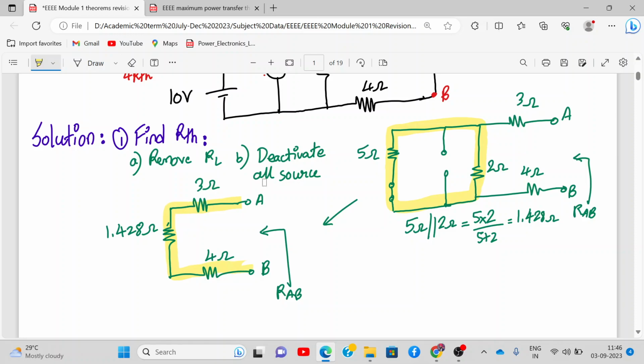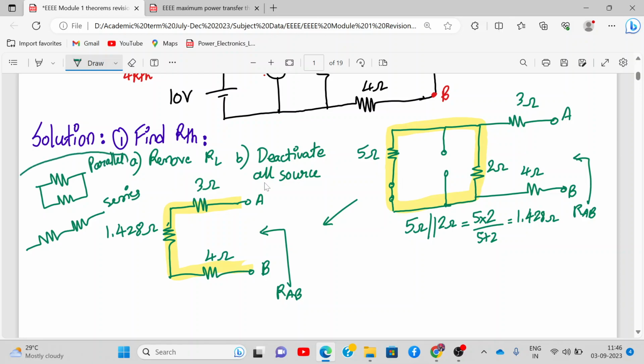No, how is it in parallel? For something to be in parallel, both the terminals should be connected together. This is in series. Yes, got it. So all three are in series. So RAB is 3 plus 4 plus 1.428, that is 8.428 ohm.